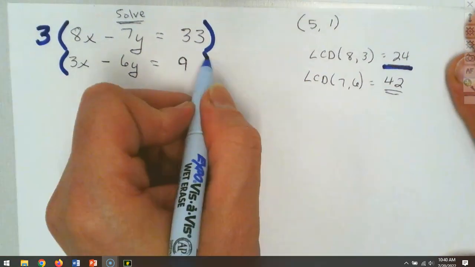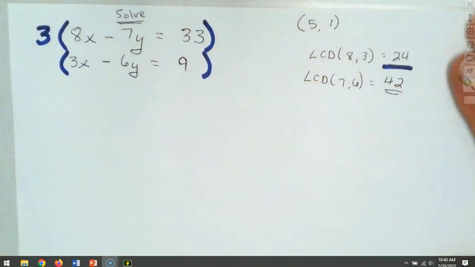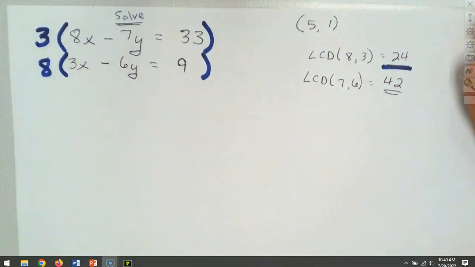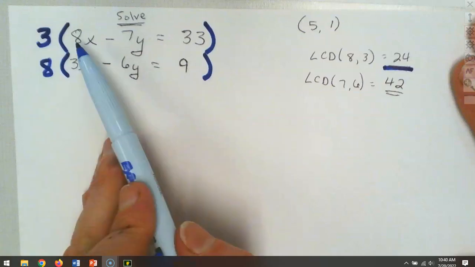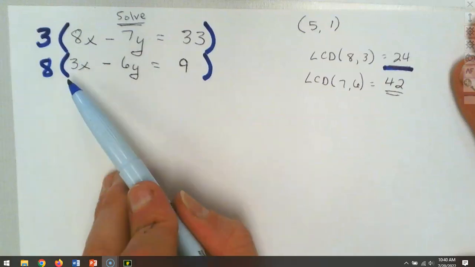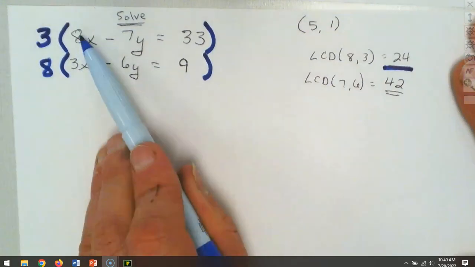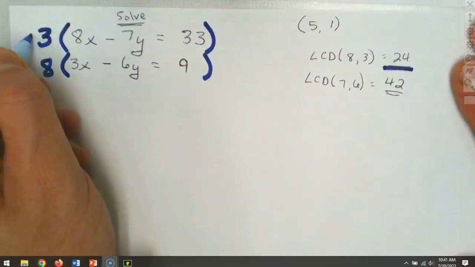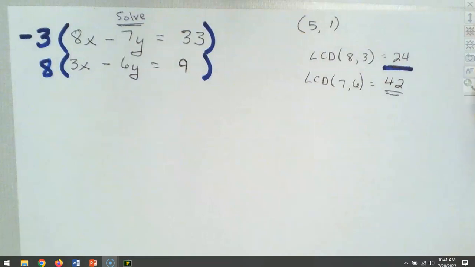And what do I have to multiply 3 by to make it a 24? 8. Now, that's not going to quite work because this would be 24 and this would be 24, but they're not going to cancel because they're both positive. So let's make the first one negative. That way we get a negative 24 for the x on top, a positive 24 for the lower one, and they're going to cancel out.